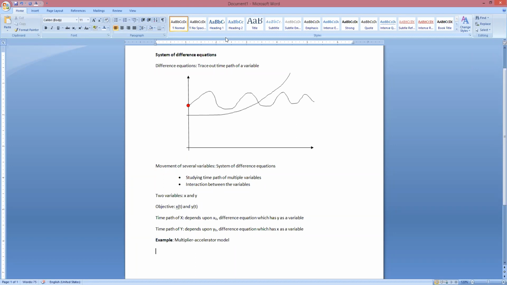Today, I'm going to discuss something which is more simple, but it is more relevant to your present work. So we are going to study the application of system of difference equations in epidemiological models.